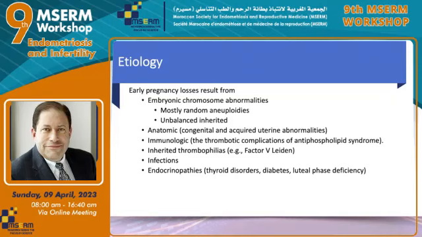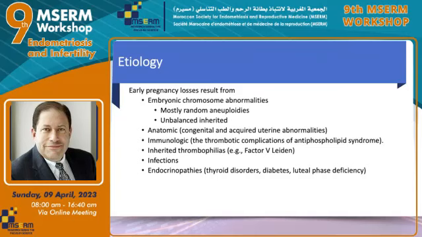Now, most of those chromosomal abnormalities, the vast majority, are random aneuploidies, an extra chromosome 16, a loss of chromosome 22, 45X. There is a much smaller group in which there is an inheritance of an unbalanced rearrangement, but that is definitely the far less common etiology for an embryonic chromosome abnormality.